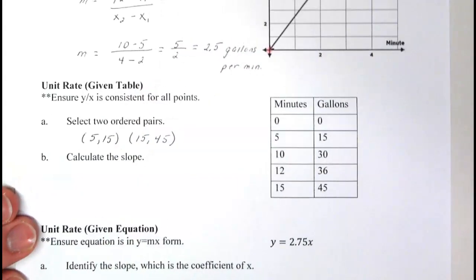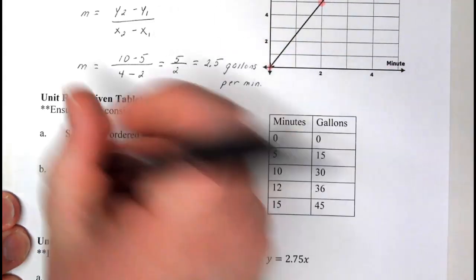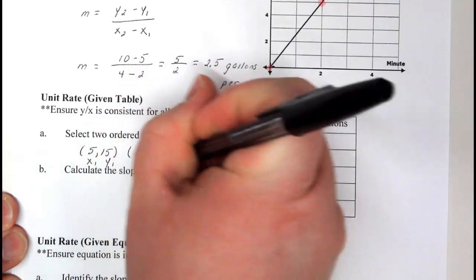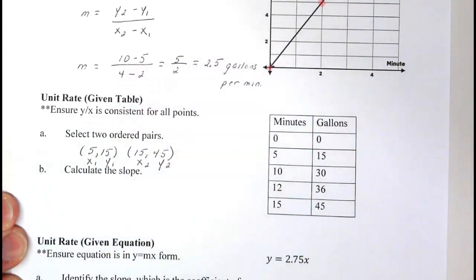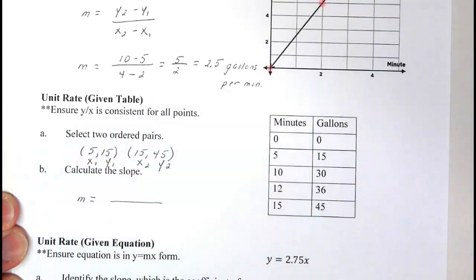Okay, we do the same thing. We're using this formula from up here. We're labeling the points x1, y1, x2, y2, and we're putting it in the slope formula.